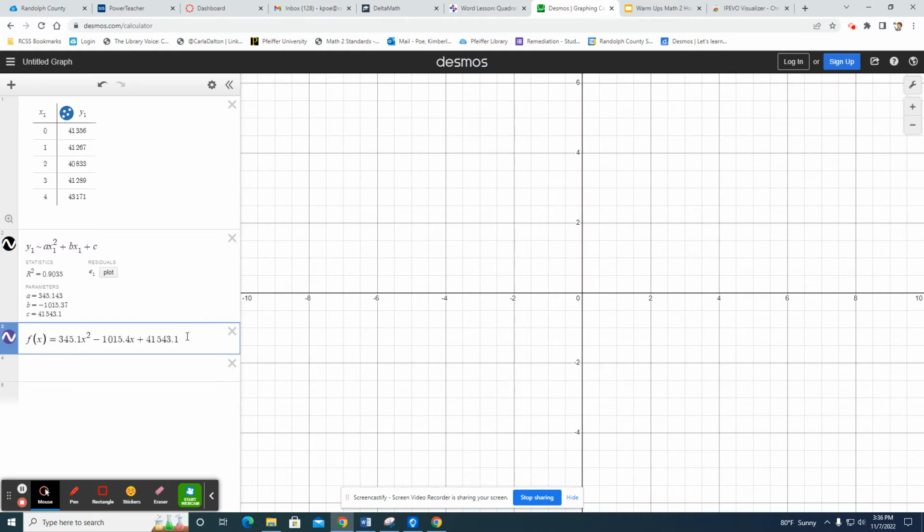Okay, that's our equation that we've come up with: 345.1x squared minus 1015.4x plus 41,543.1.